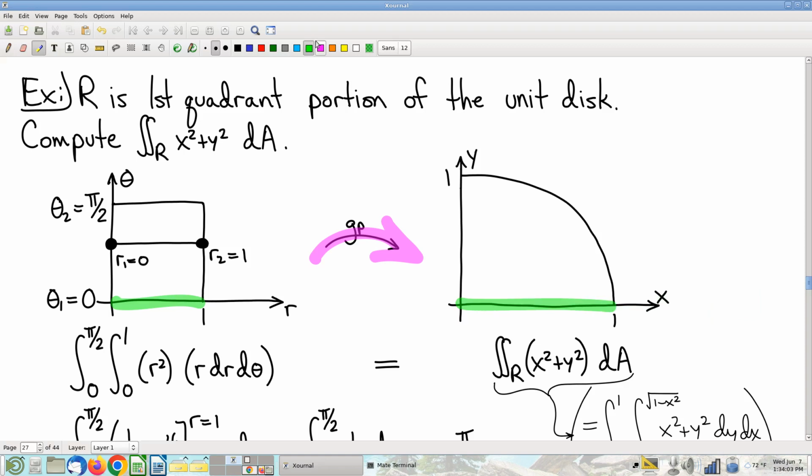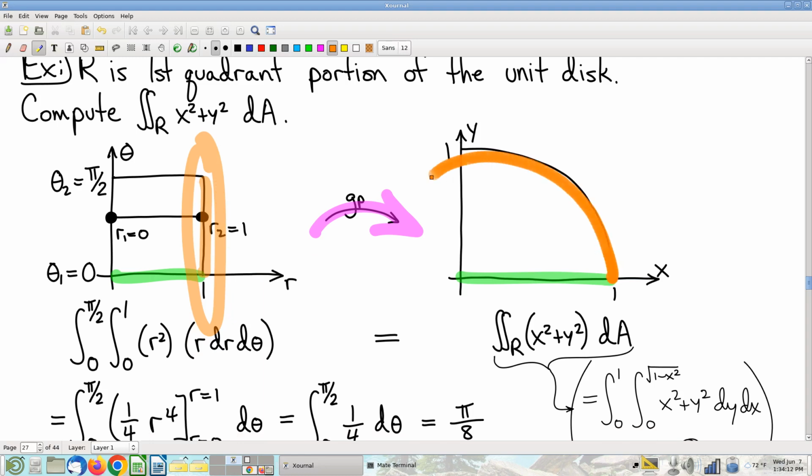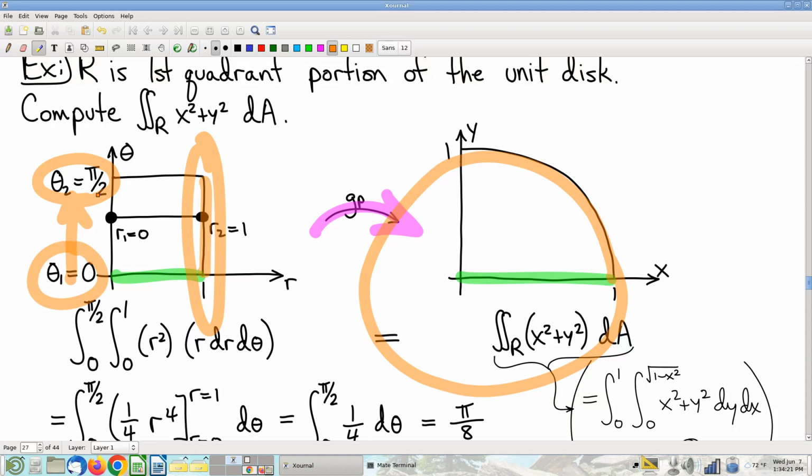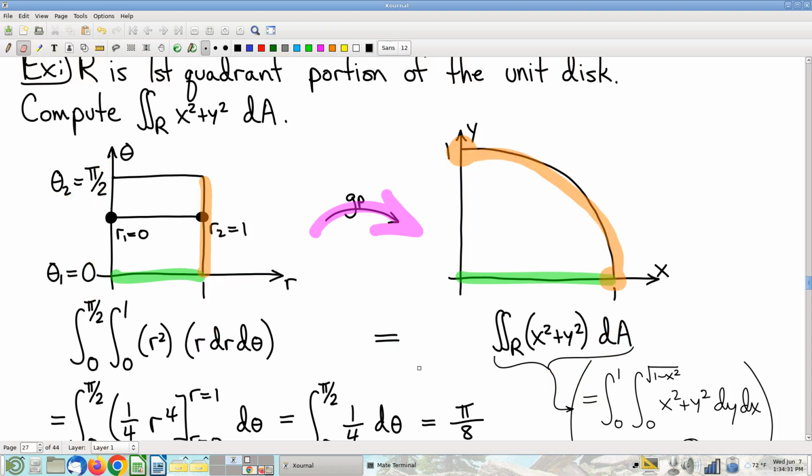Now let's look at the next edge here. Let's look at that right there. That is entirely on the line r equals 1, which is a circle. It starts at theta equals 0 and it goes to theta equals pi over 2. So it starts at theta equals 0 and then ends where theta is pi over 2. So that edge has as its image this edge.